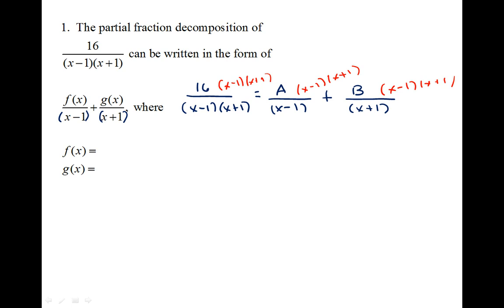So when you do that, notice x minus 1 cancels with x minus 1, and this x plus 1 cancels with this x plus 1. So you're left with 16 equals a times x plus 1 plus b times x minus 1.